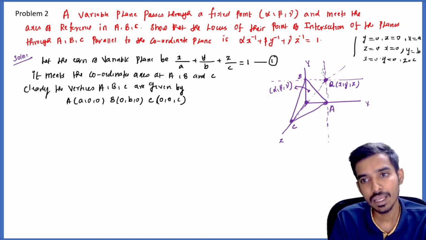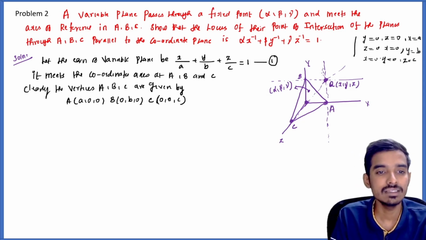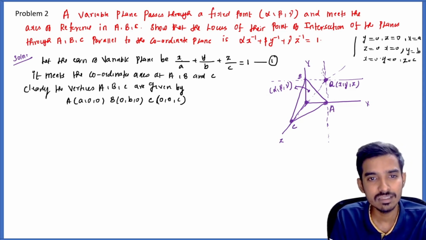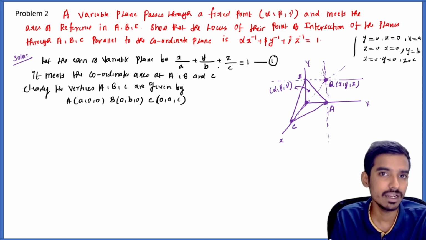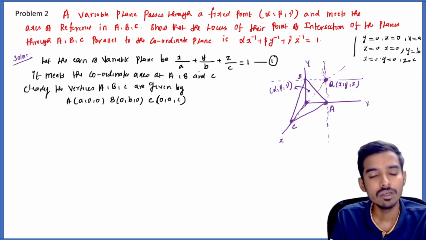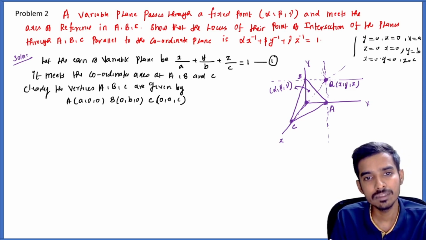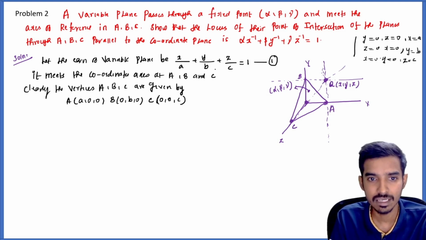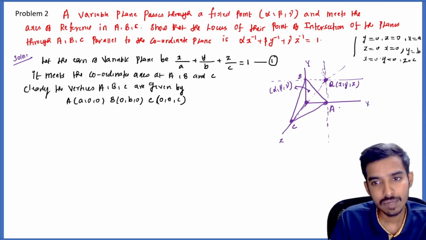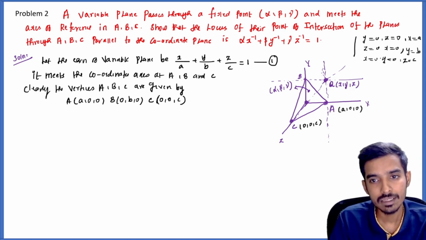Or else you can easily see that x by a plus y by b plus z by c is equal to 1 is the equation in intercept form. This is the x intercept, this is the y intercept, this is the z intercept. So the x intercept is a, the y intercept is b, the z intercept is c. Therefore, this point is a comma 0 comma 0, this point is 0 comma 0 comma c, and this point is 0 comma b comma 0.